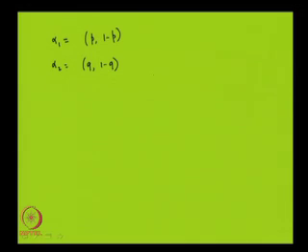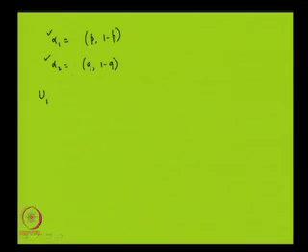So, in this case, if this is the mixed strategy of player 1 and this is the mixed strategy of player 2, then what is the payoff of player 1 from this set of mixed strategies? That we can find out.